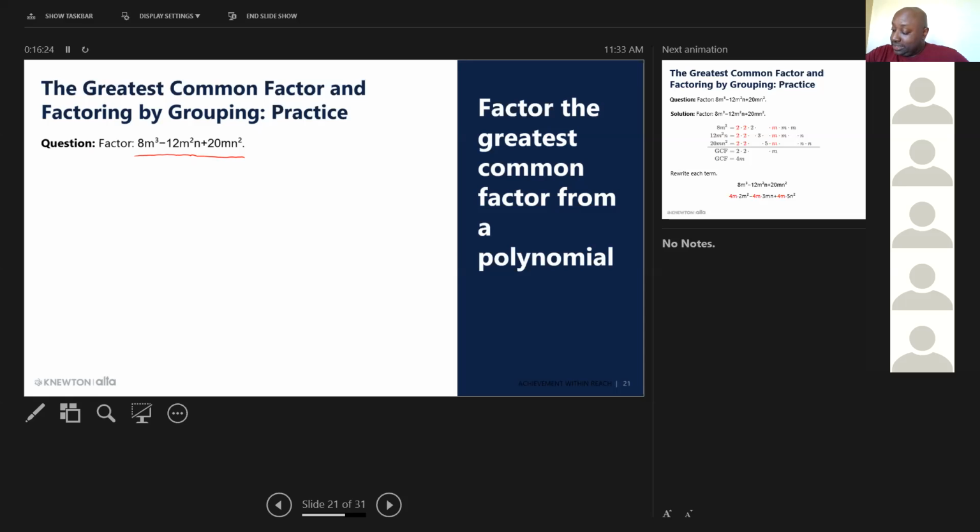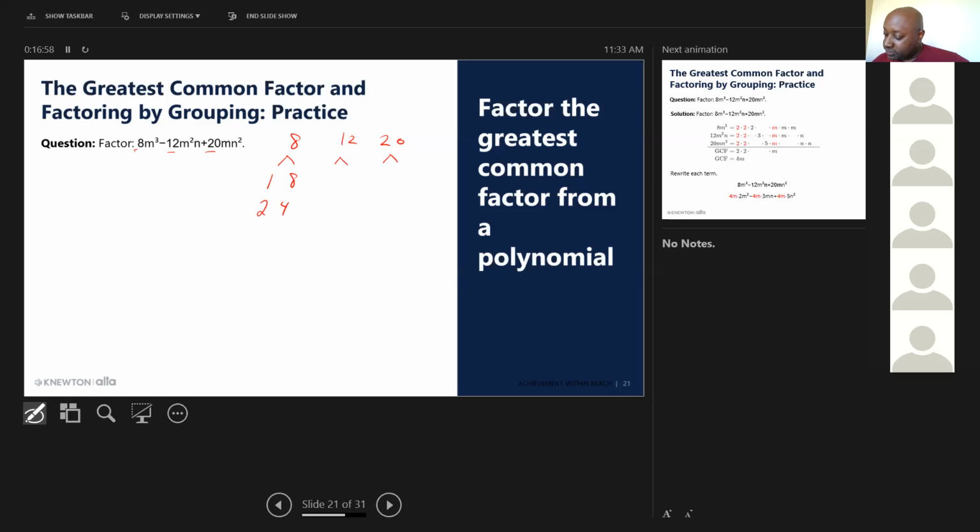Okay, we're going to first look at what's the greatest common factor between 8, 12, and 20. So I can write 8 and then 12 and then 20. And I'm going to write down their factors and see what they have in common. So 1 times 8 and then 2 times 4.